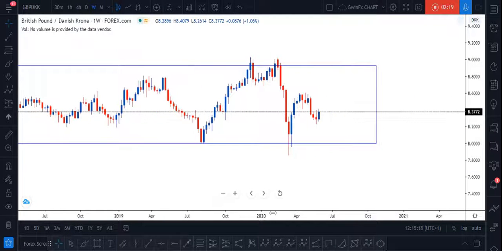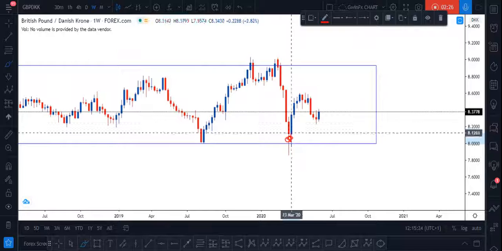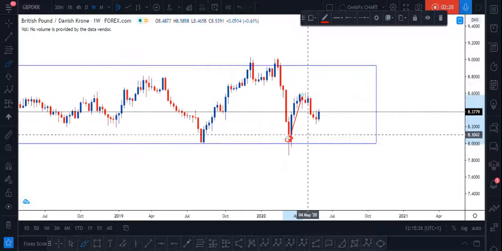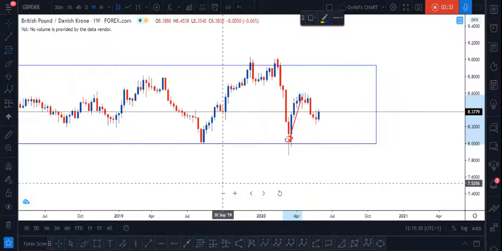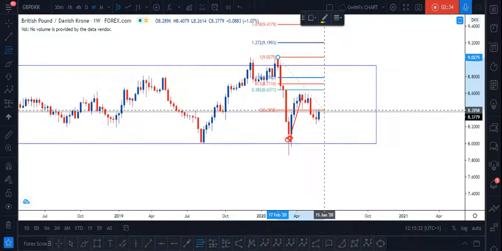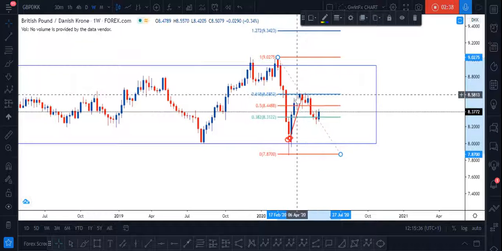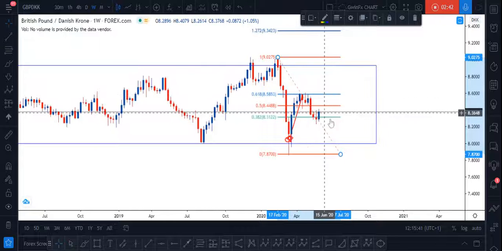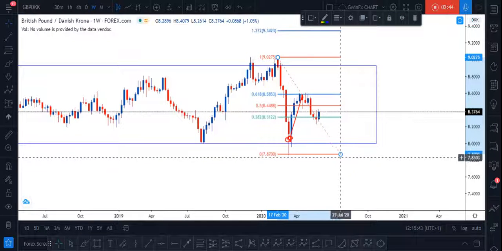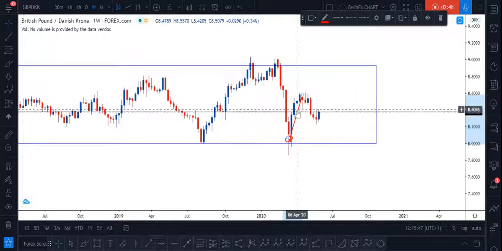We had it that price made this push from inside of here up to here, and as we can see, if you use the Fibonacci tool from a swing high to a swing low, price started at exactly the 61.8 Fibonacci level to retrace back. What statement can we make of that?